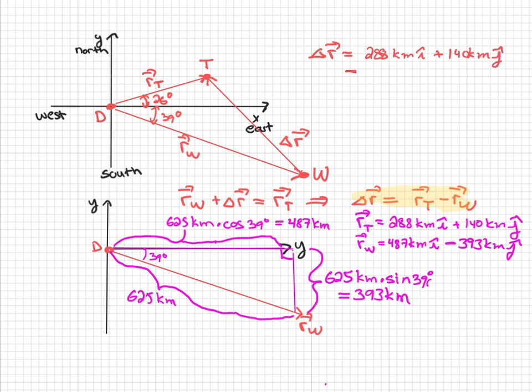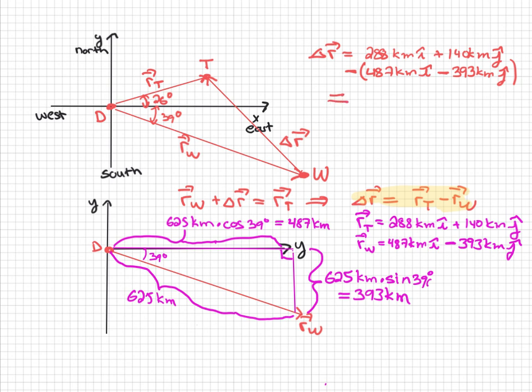And now I've got to subtract from that r_W. So I'm subtracting 487 kilometers times i hat minus 393 kilometers times j hat.